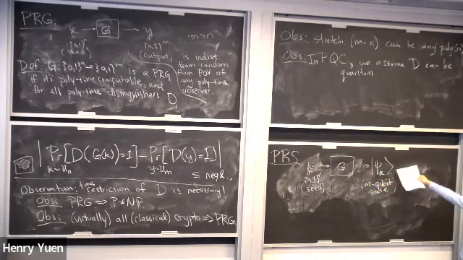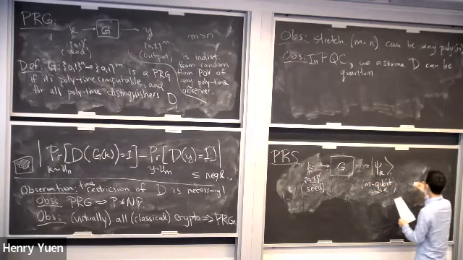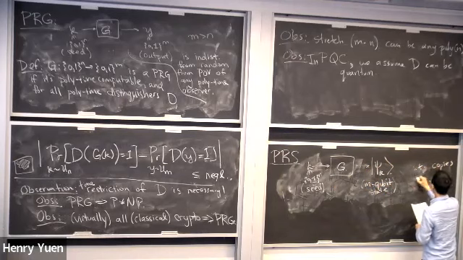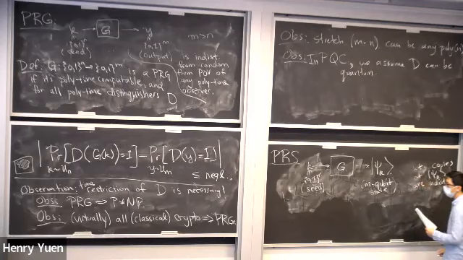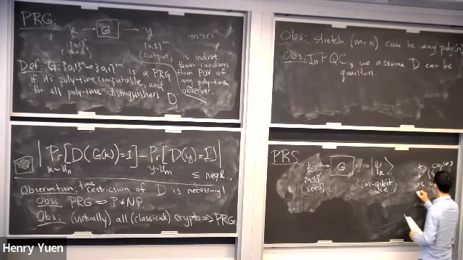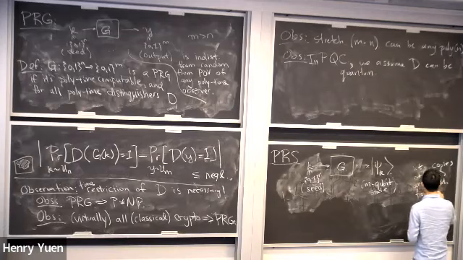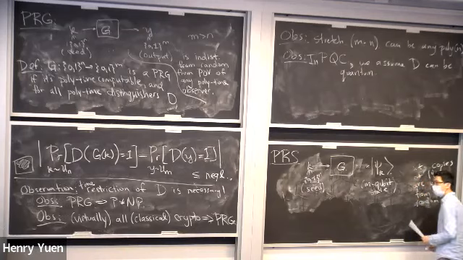And the property that we want from these states is that copies of psi sub k are indistinguishable from Haar random states. So remember, we had a couple lectures about Haar random states, and now all of this is going to come back.